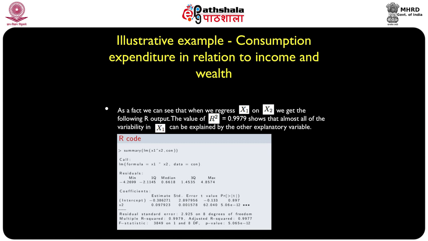When we regress X1 on X2 using R, we get the following R output, in which the R square, or the multiple correlation between the two variables, is 0.9979, which shows that almost all of the variability in X1, which is income, can be explained by the other explanatory variable X2, which is wealth.